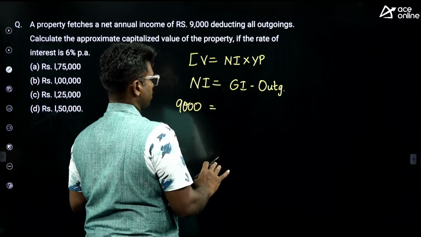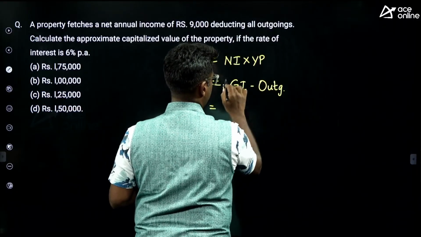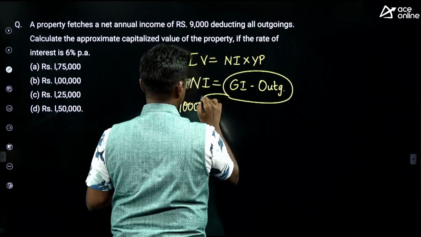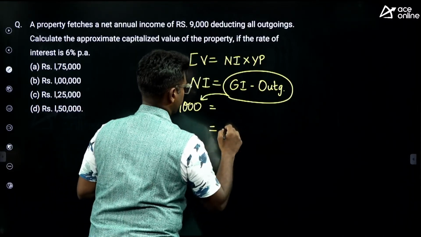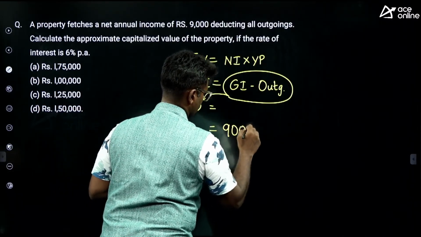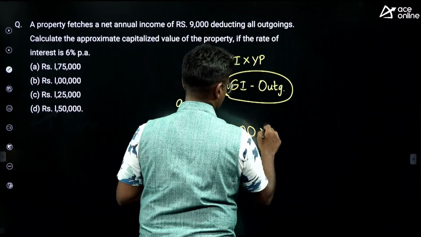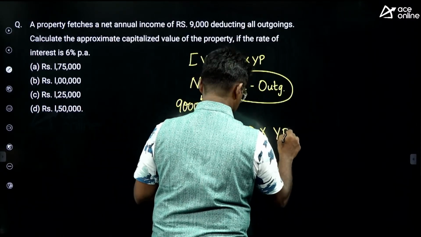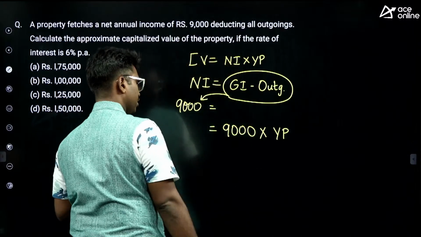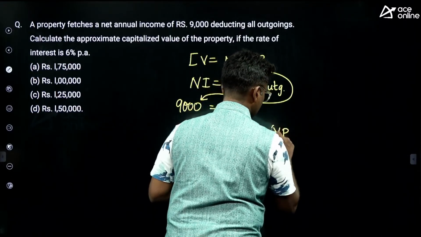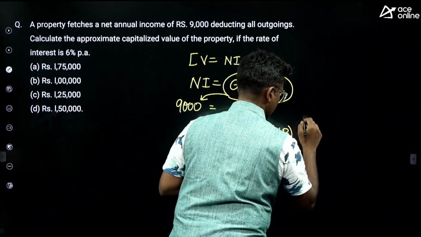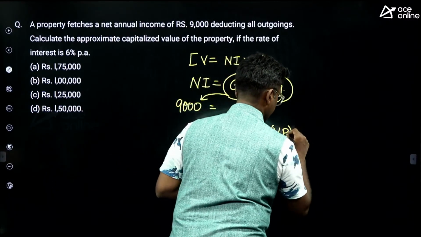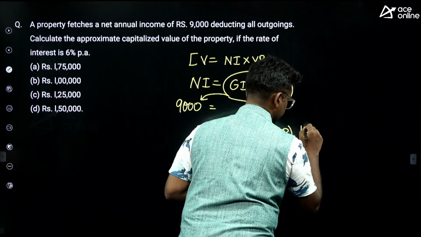Net income is already given, so directly you can substitute. That would be 9,000 into year purchase, which is already given, 6%. Year purchase is nothing but 1 by I, so 100 by 6.